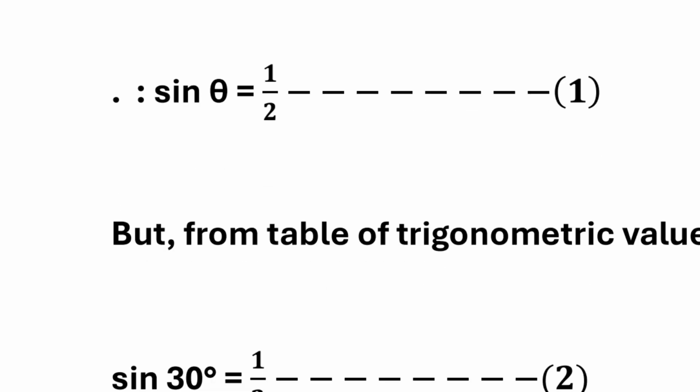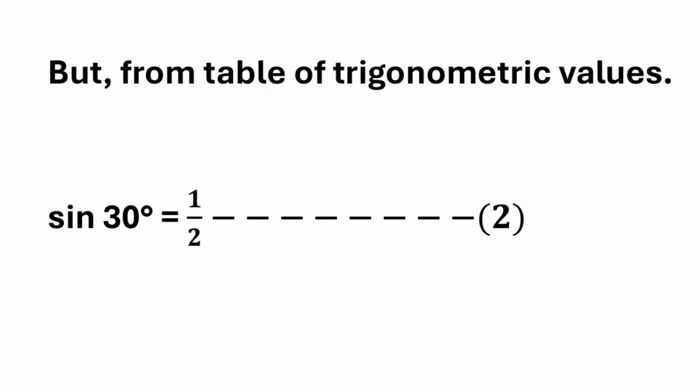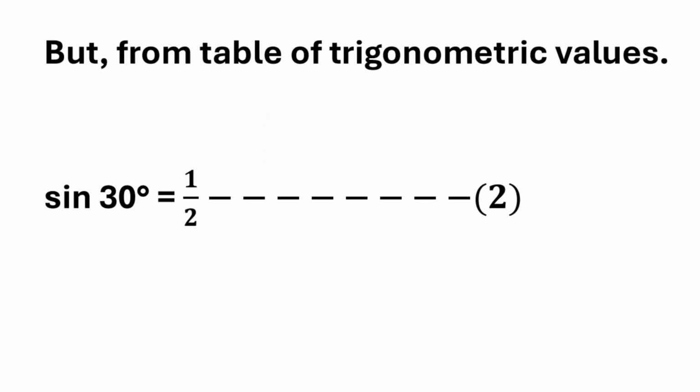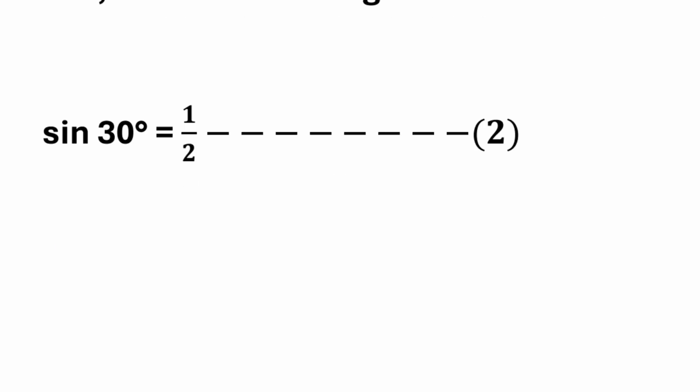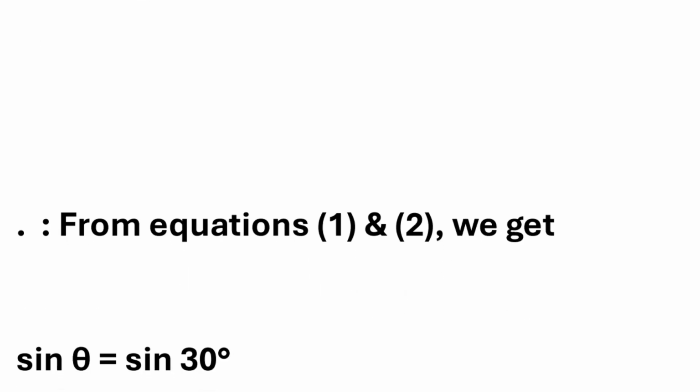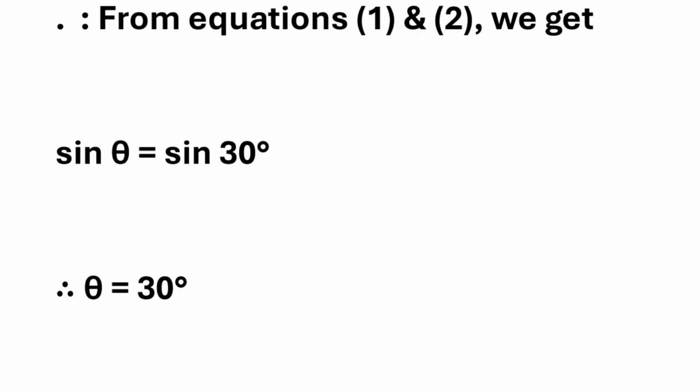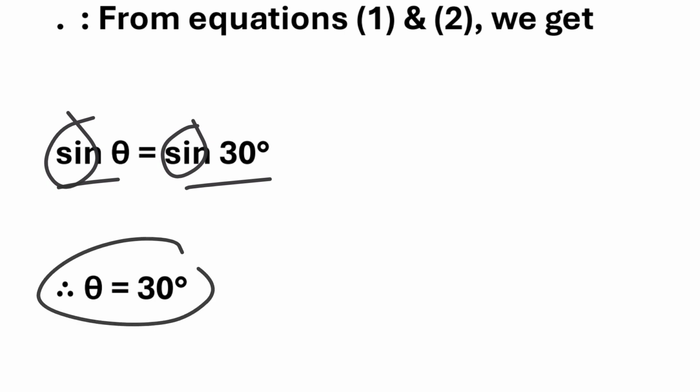Then from the table, which sin has value 1 upon 2, sin 30 is equal to 1 upon 2, equation number 2. From equation 1 and 2, we get sin theta is equal to sin 30 degree. So sin same, remove this. Therefore, we get theta is equal to 30.